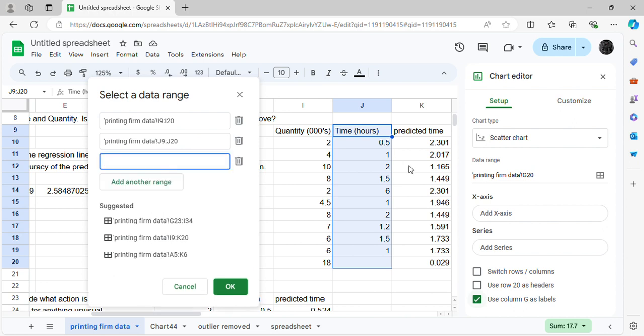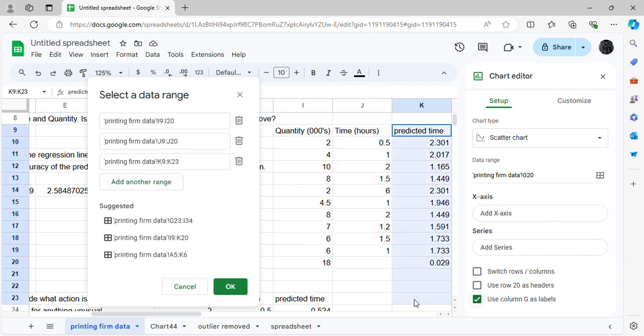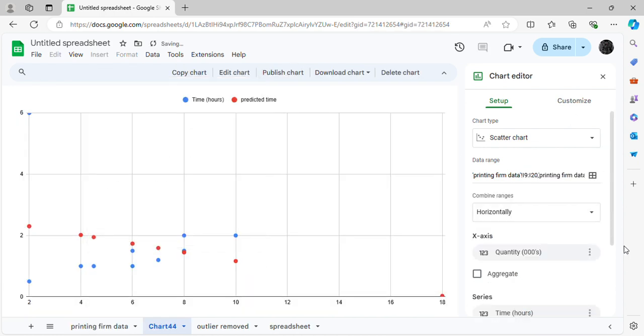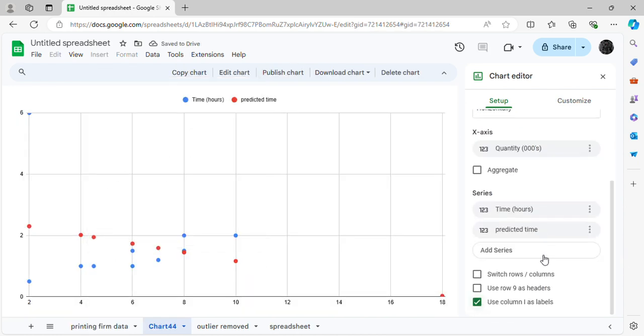And let's select the predicted time. Press OK. So we have the red dot showing the prediction, and the observed values are in blue.